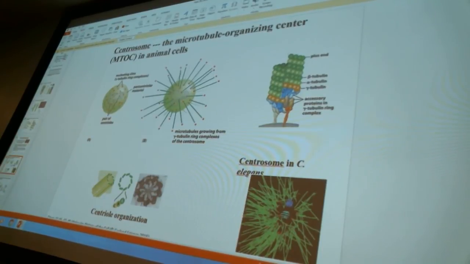So just like in the case of actin, we talked about specific organizations of actins in certain structures and where these structures are found within the cells. Microtubules are also organized in a particular orientation and in a particular way depending on what's happening in the cell.